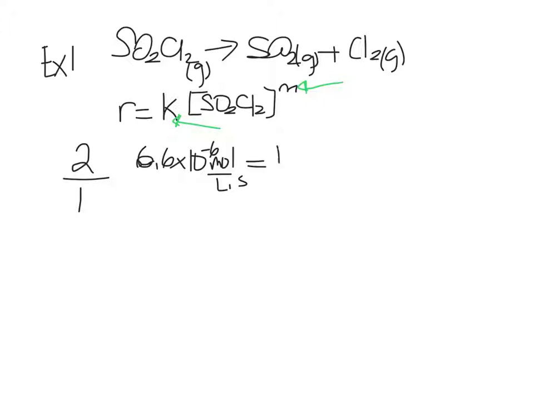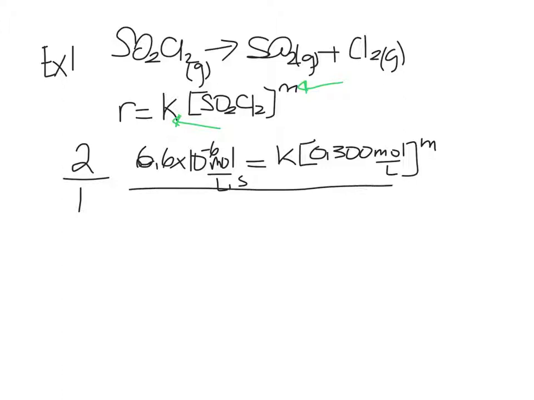This is going to be equal to some constant K, and our concentration for run 2 was 0.3 mole per liter to some exponent M. Now we put in the data for experiment run 1.